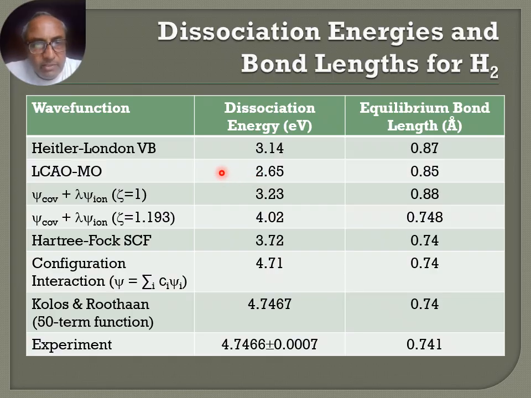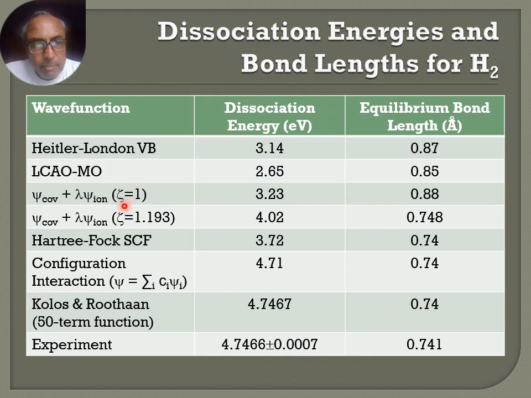And this is understandable because the LCAO-MO wave function, as we saw, gives us a 50-50 mixture of covalent and ionic structures, whereas for the homonuclear hydrogen molecule, we expect that the covalent structure should be the major contributor, and we should expect a relatively small contribution from the ionic structure.